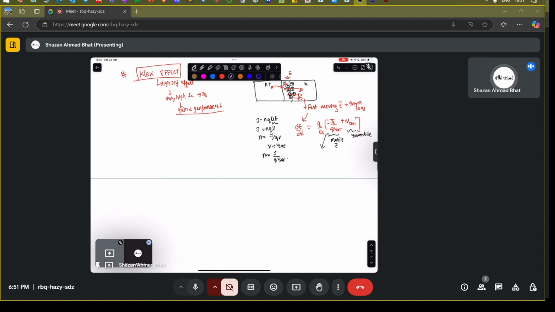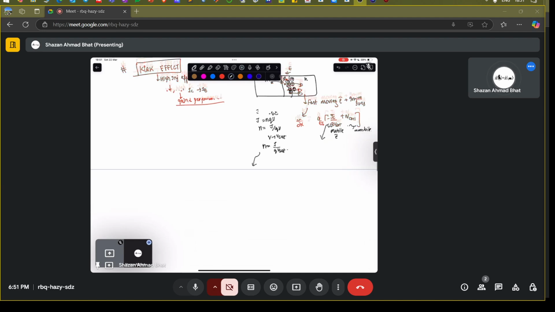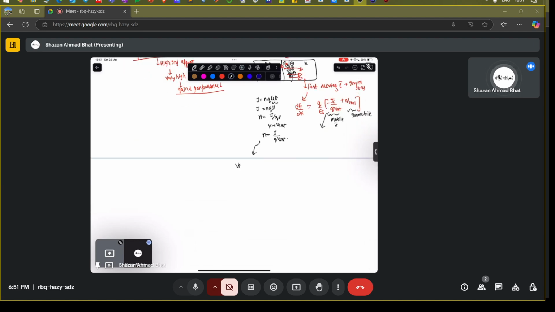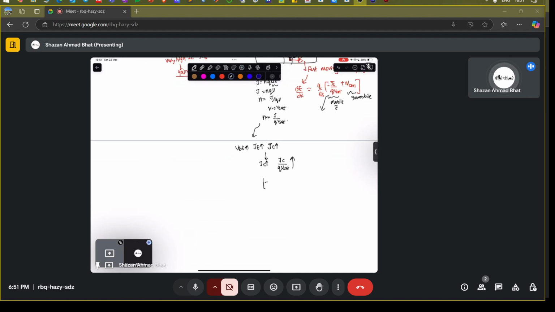If you go on increasing VB, the emitter current increases and the collector current starts to increase. That means JC over q vsat is going to increase as a whole. But because there is a negative sign in front of it, this term plus some positive ND, this overall thing is going to reduce.